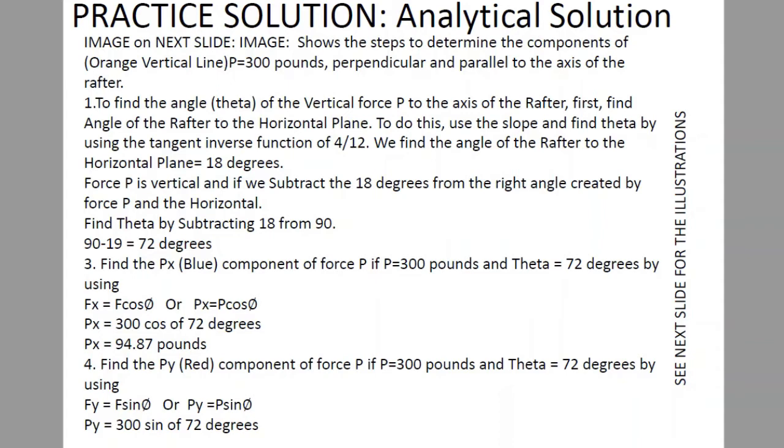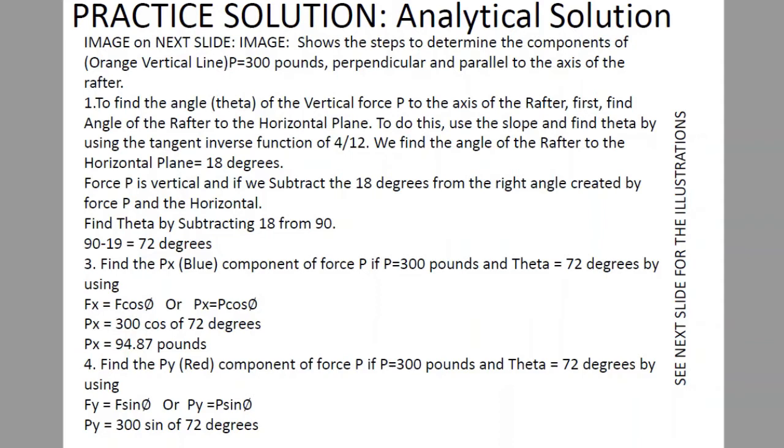To do this, use the slope and find theta by using the inverse tangent function of 4/12. We find the angle of the rafter to the horizontal plane is 18 degrees. Force P is vertical, and if we subtract the 18 degrees from the right angle created by force P and the horizontal, we find that theta is equal to 72 degrees by subtracting 18 from 90.